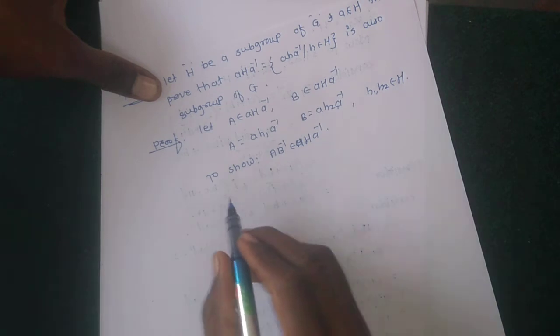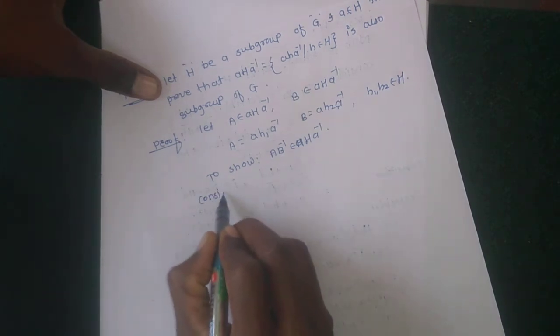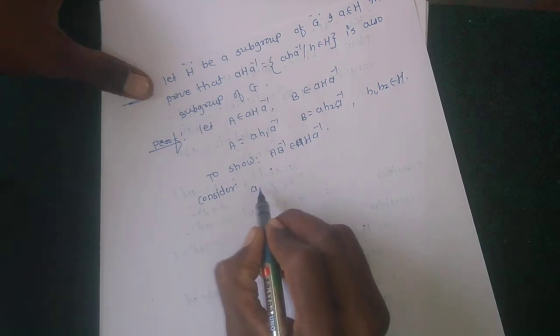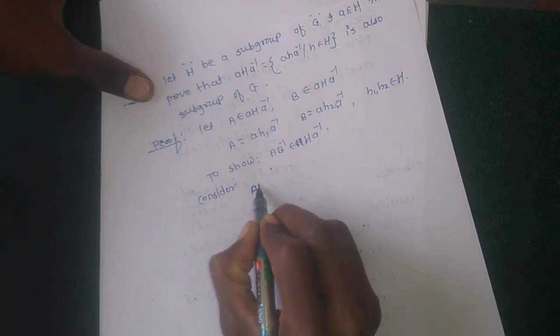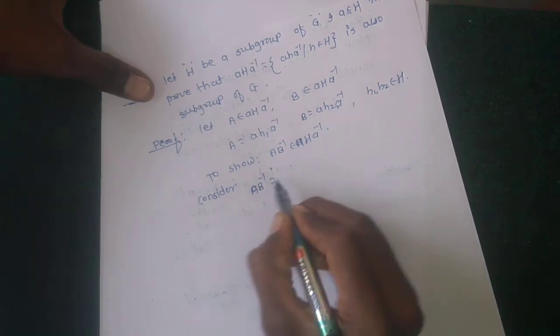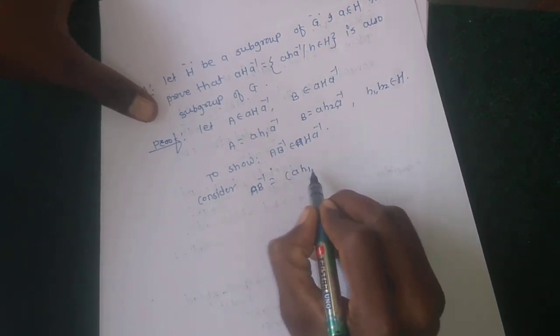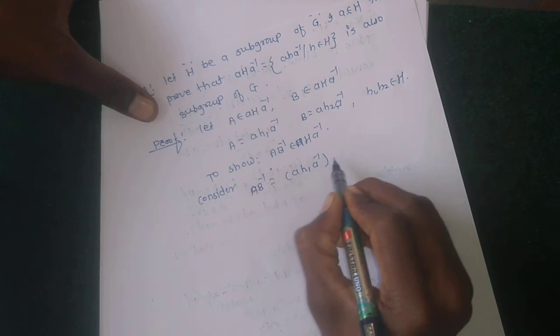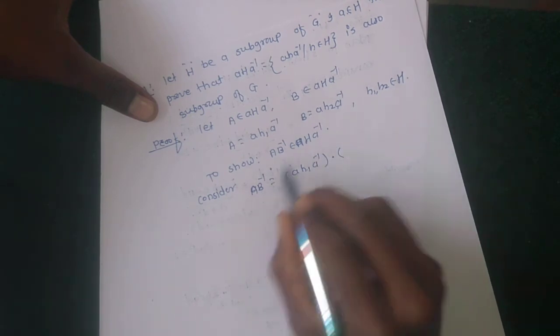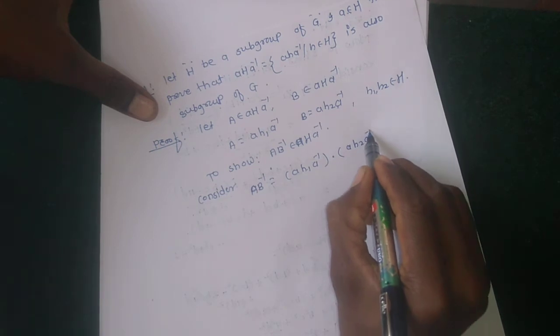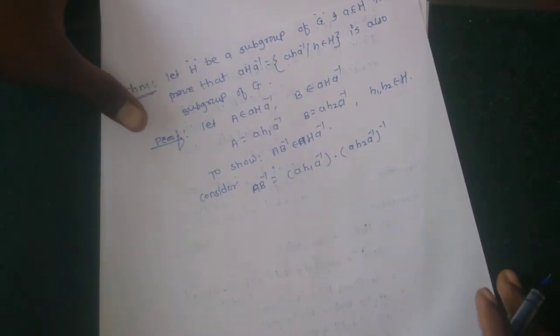Consider ab⁻¹. The value of a is ah₁a⁻¹ into b⁻¹, meaning the inverse of ah₂a⁻¹.